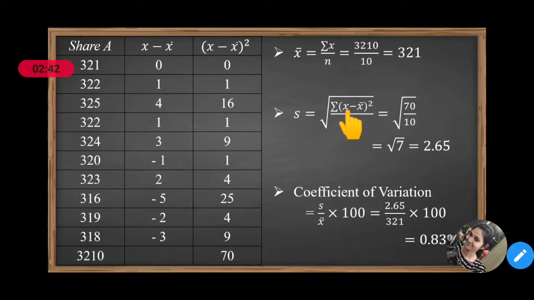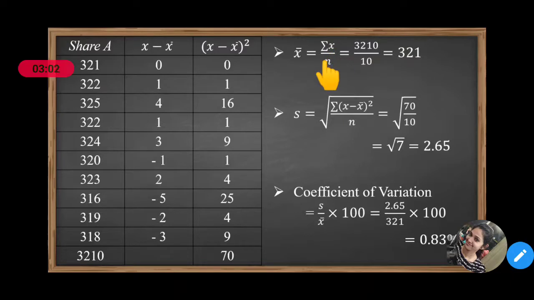We have only the x column, so first of all we will find x minus x bar, and then we prepare an x minus x bar whole square column. For making the x minus x bar column, we will first find x bar. Finding x bar is a very common thing. X bar is equal to sigma x upon n.